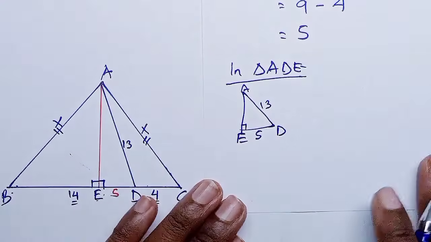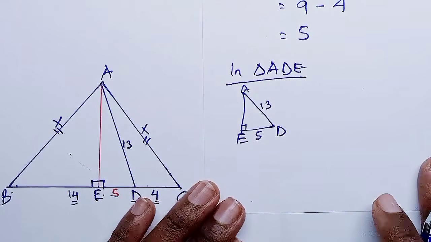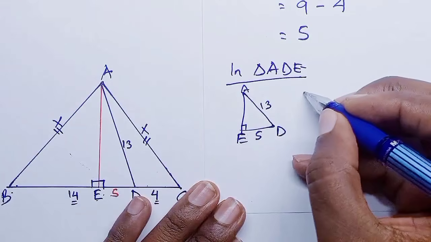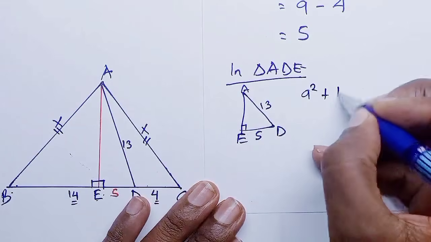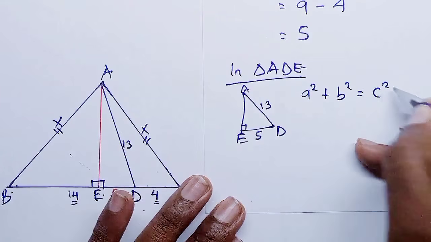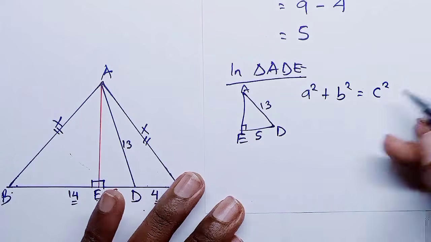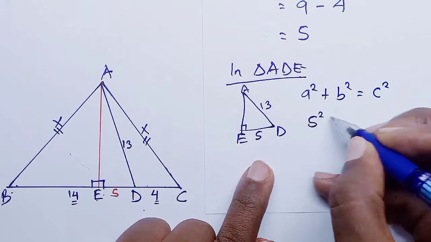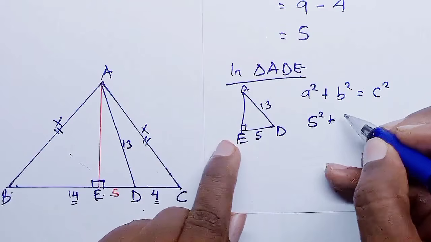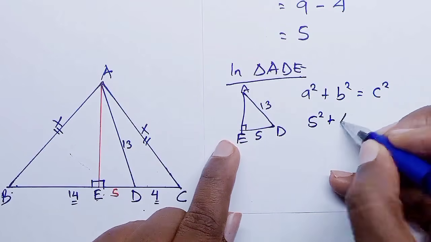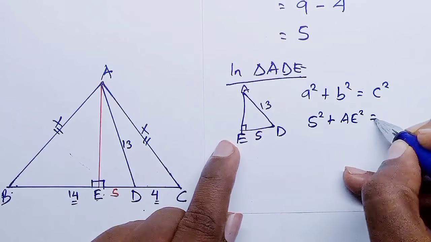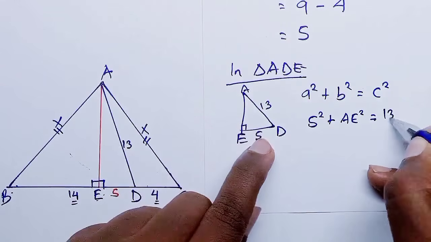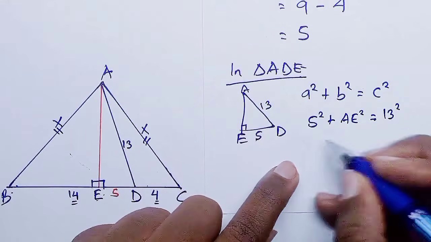Now we can use Pythagoras theorem to find AE. So from Pythagoras theorem, a squared plus b squared is equal to c squared. So a in this case is 5 squared plus b, which is AE squared, is equal to c, which is AD, which is 13 squared.